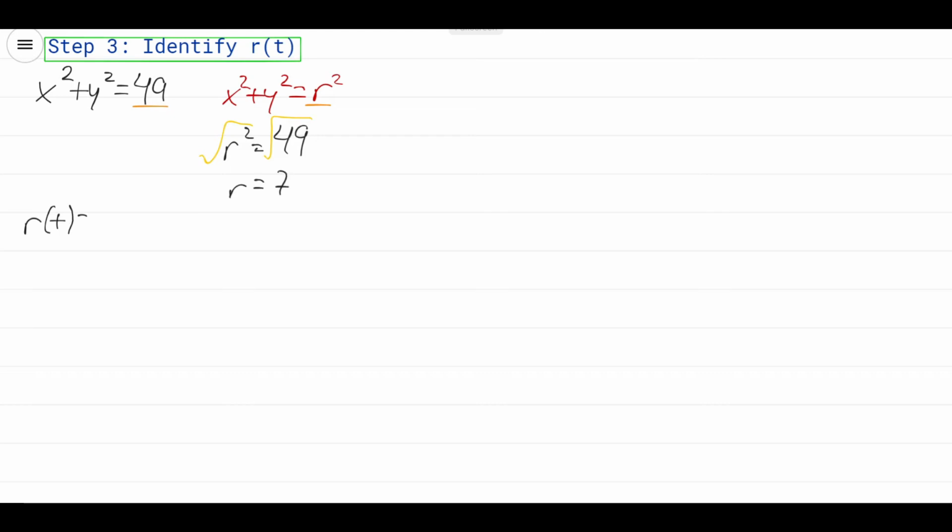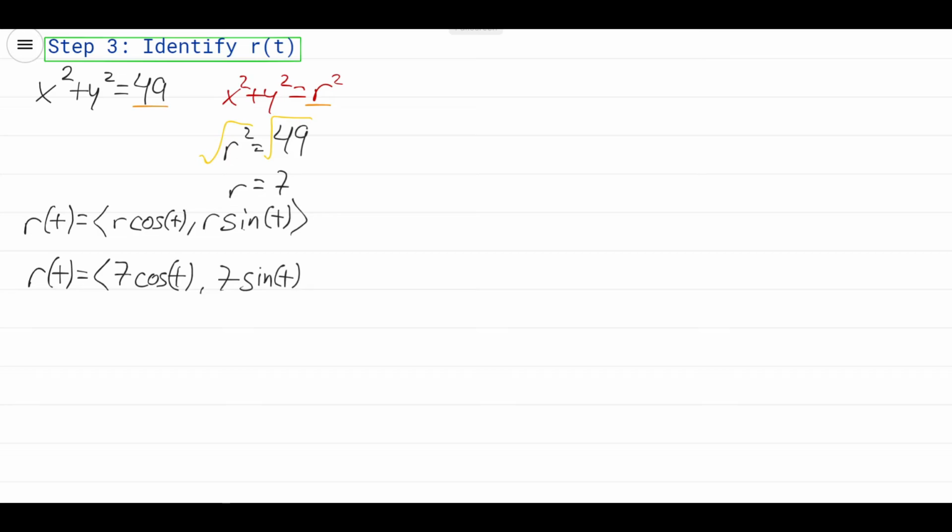So our r of t is equal to r times cosine of t, comma r times sine of t. And since our r is 7, r of t is 7 cosine t, comma 7 times sine of t. So that's our r of t.